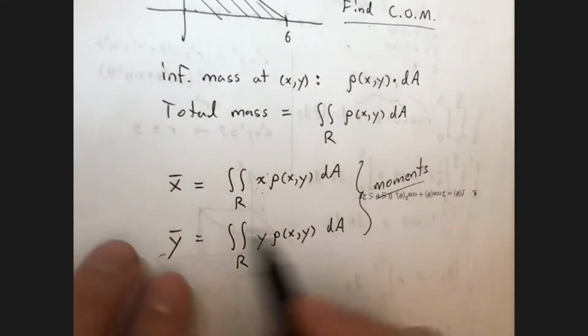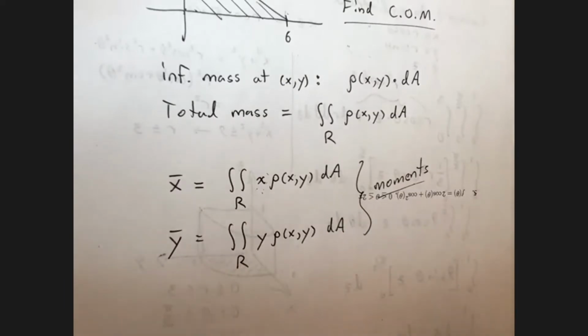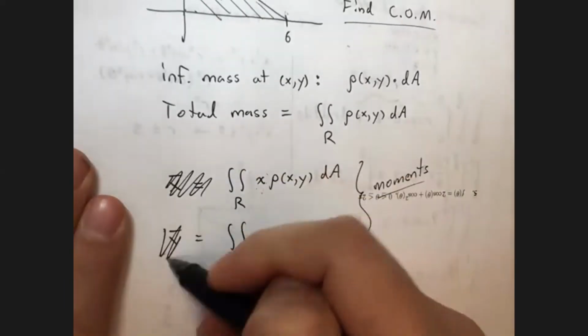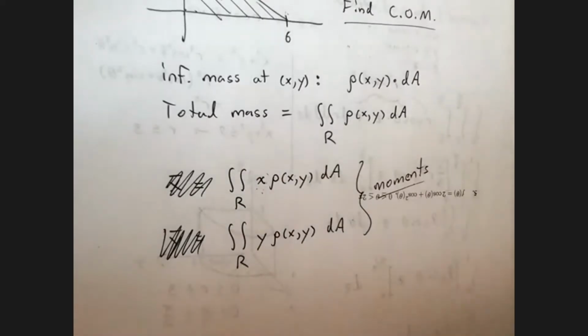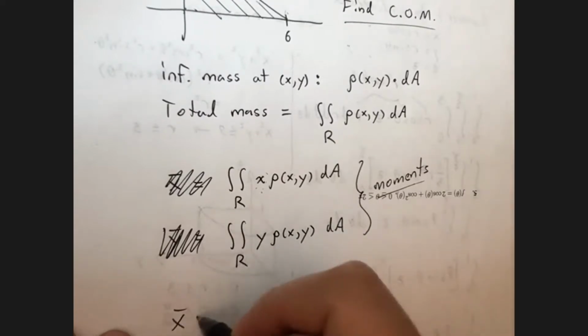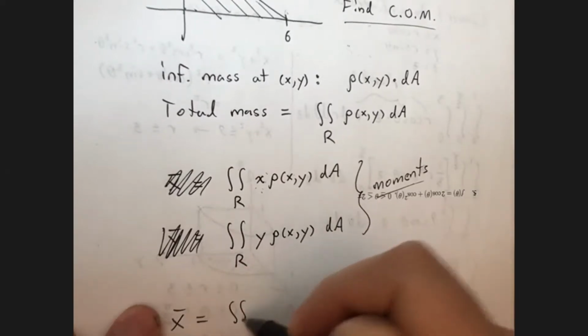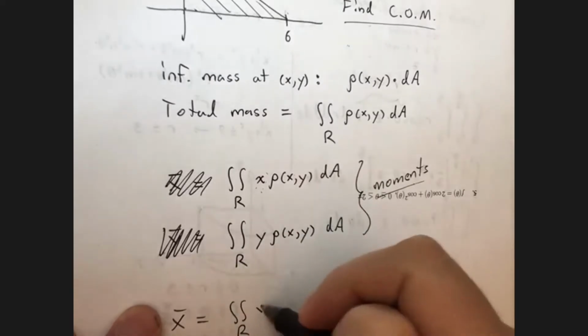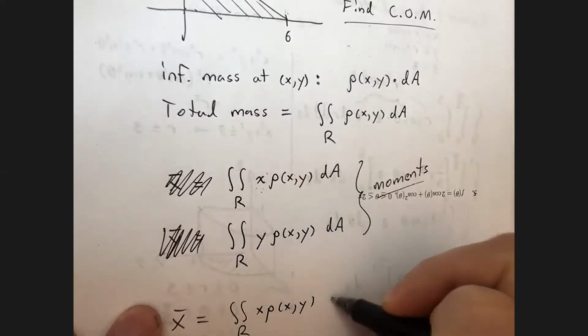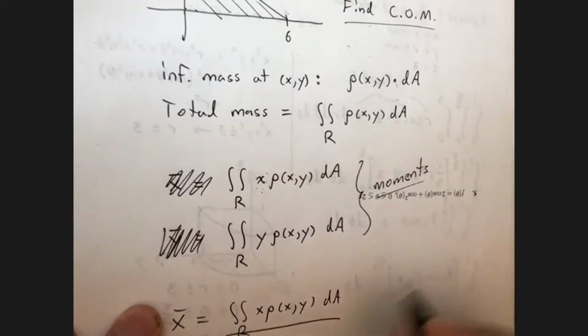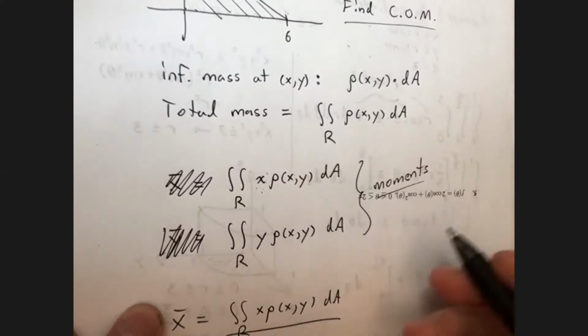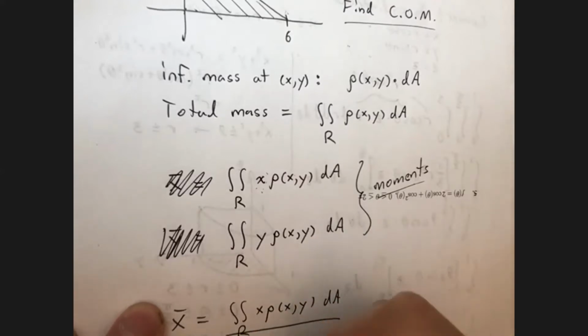Oh, shoot. These are the moments, but they aren't the centers yet. Because remember, to get the center, we actually have to divide by the total mass. To get the x bar, we're going to take this moment here and divide by, just like we did before, the total mass.